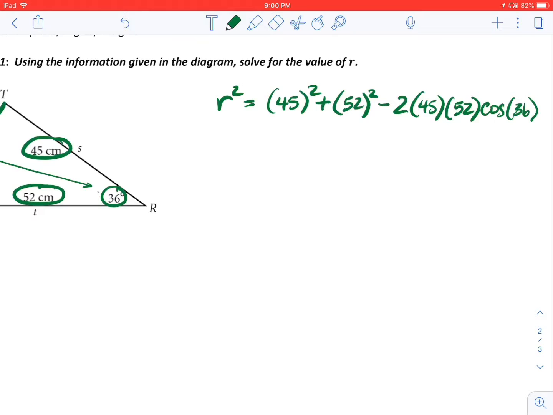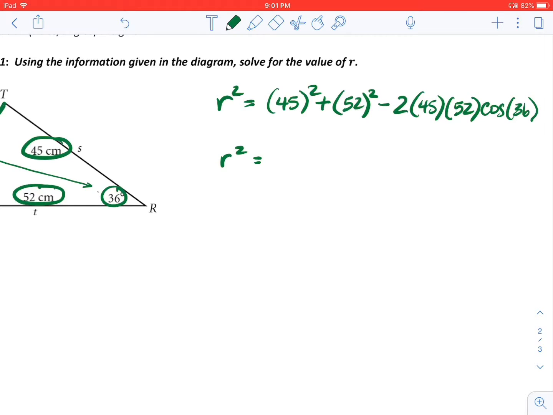Being the case, that's just a matter of sticking it into your calculator in the correct form and getting an expression. R squared is equal to, and I know it's long, but you're able to work through it. Okay, I'm going to pull up my handy dandy calculator.